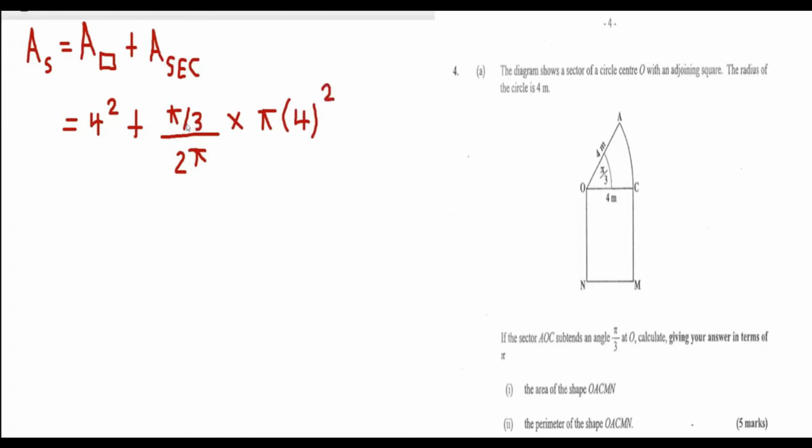So it's pi by 3 divided by 2 pi. I just really want to point this out as well, that pi by 3 divided by 2 pi should always be looked at as pi by 3 multiplied by 1 over 2 pi. That's how you should see it.